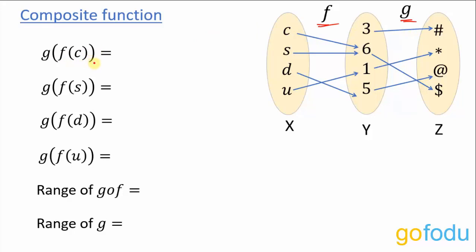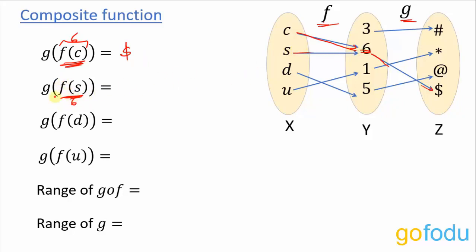Now g of f of c. F of c is what? F of c is 6. Now g of 6 will be dollar sign. So g of f of c is dollar sign. G of f of s is what? F of s is 6 again.